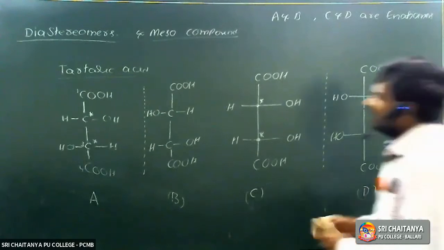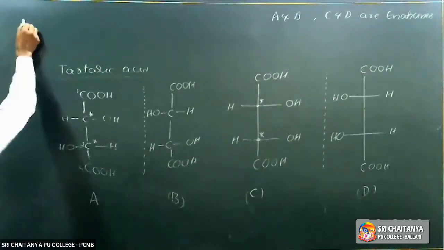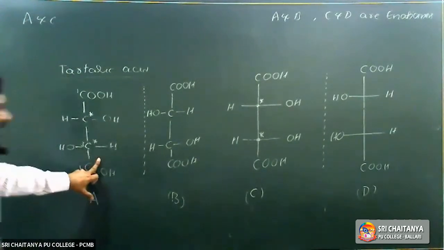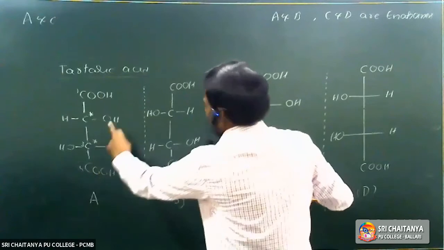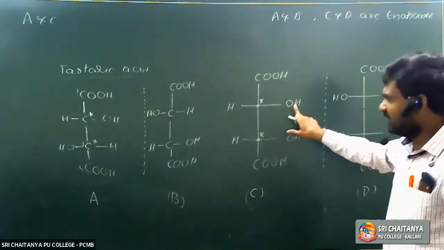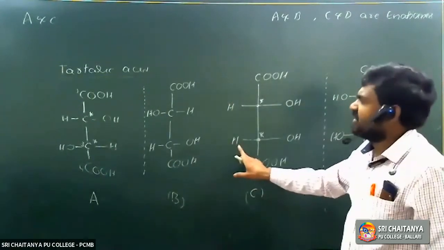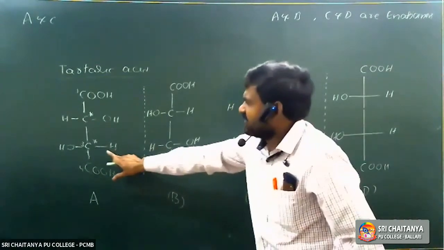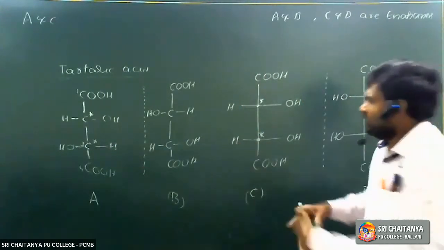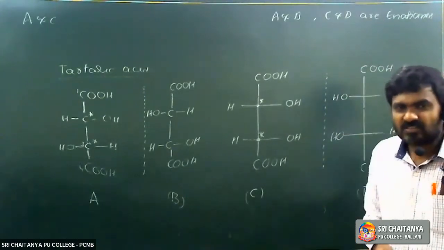Then take A and C. It is A, it is C. Here OH is on the right hand side, here H is on the left hand side, and so on. So are A and C mirror images or not?